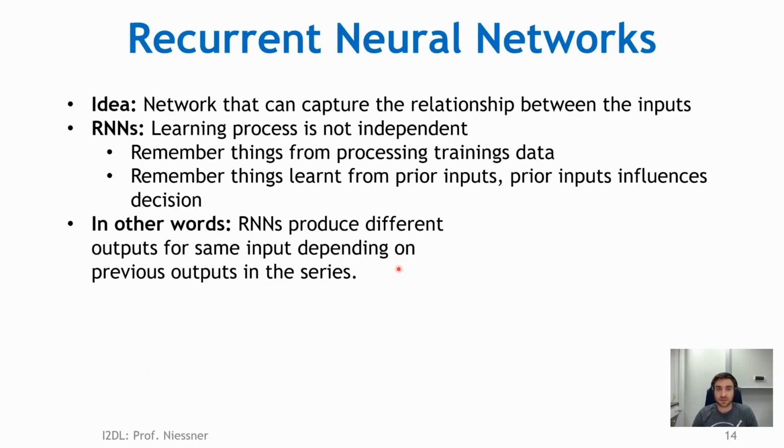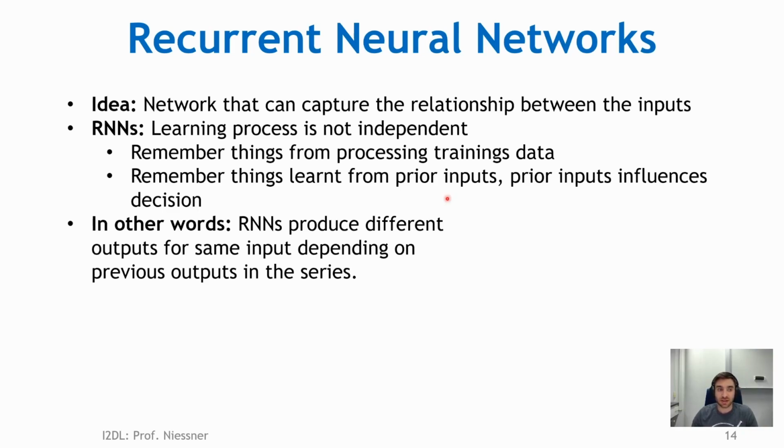So with recurrent neural networks, we want to exactly capture this relationship between the input points. And that means that during the learning process, the relationship or the samples themselves are not independent.